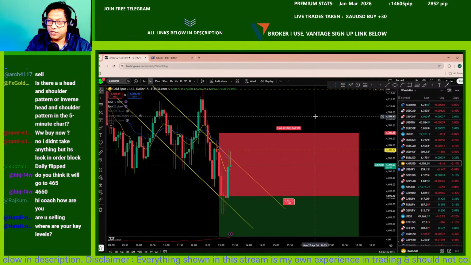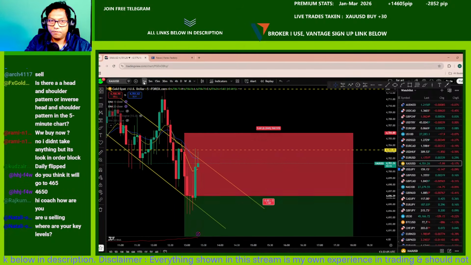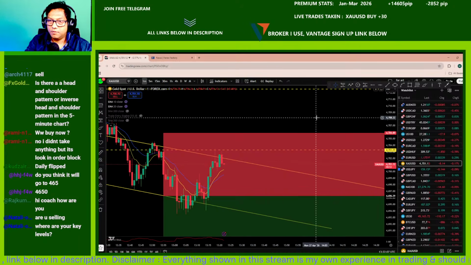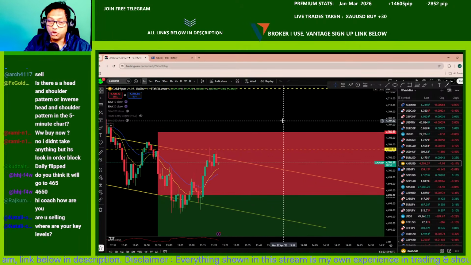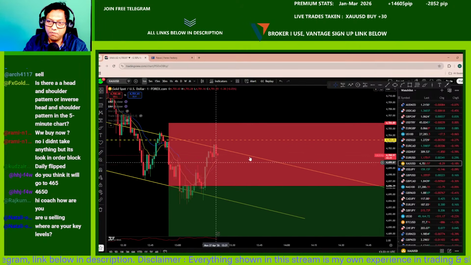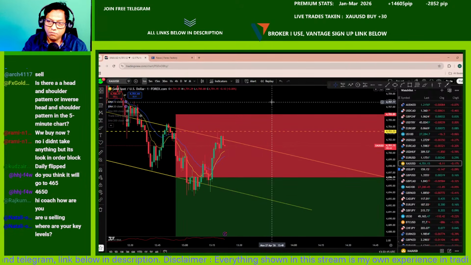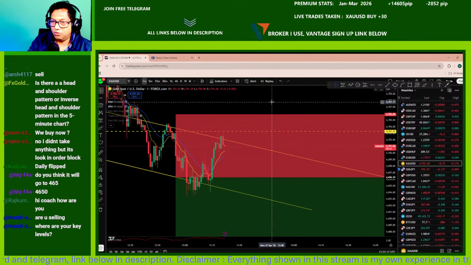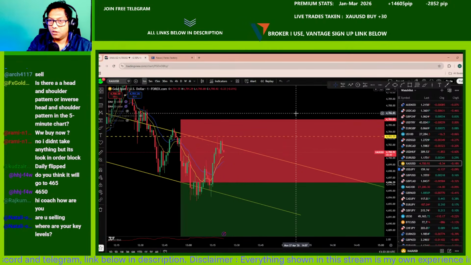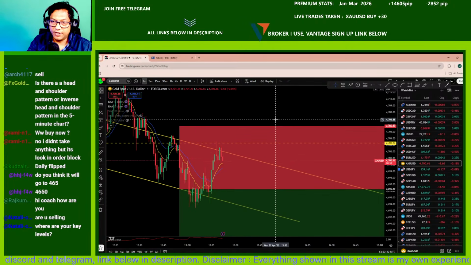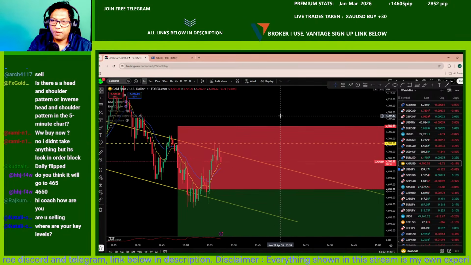Looking at 5 minutes here as well, the market may see the price slowly building its momentum, and I would say that the market may continue to trend back in that area.